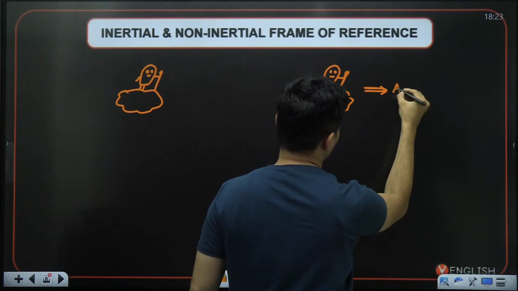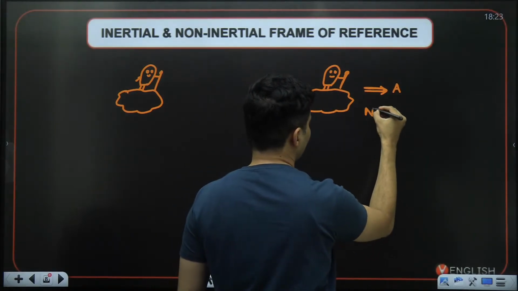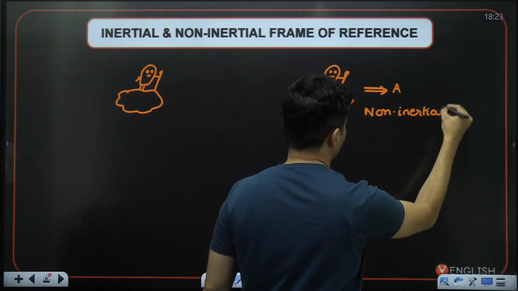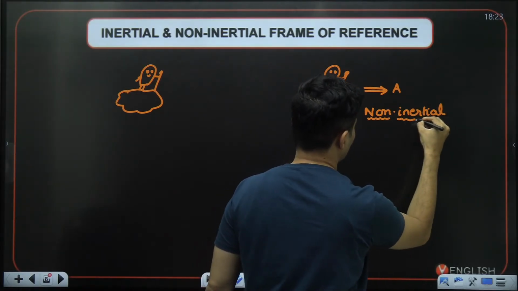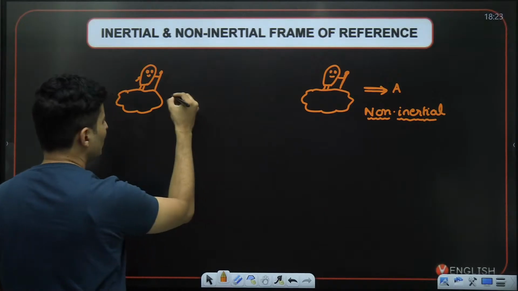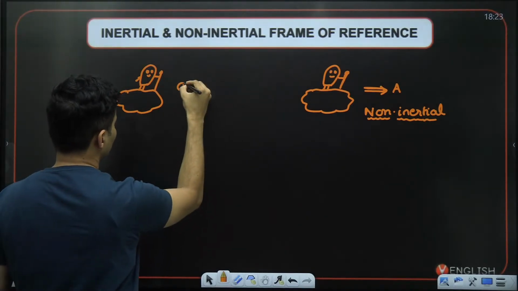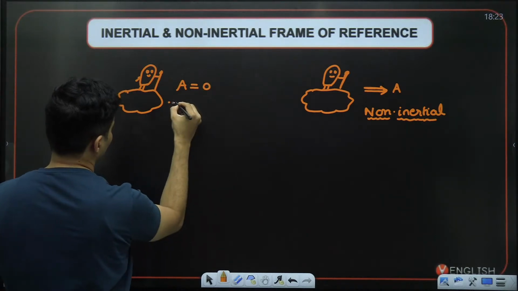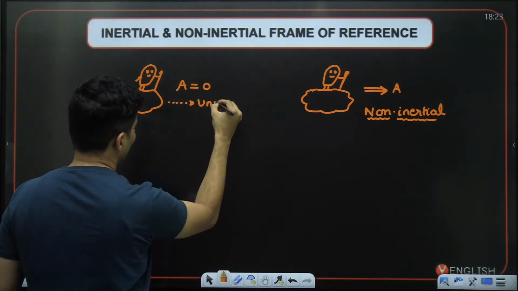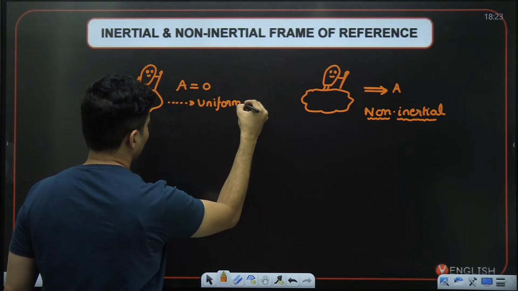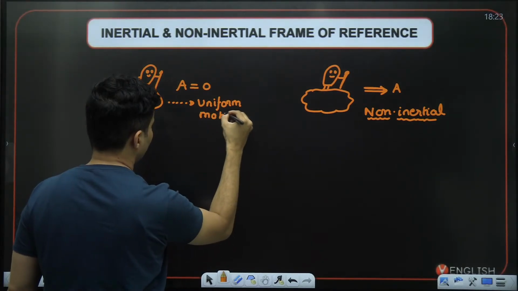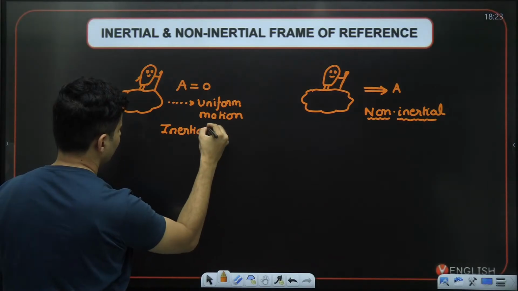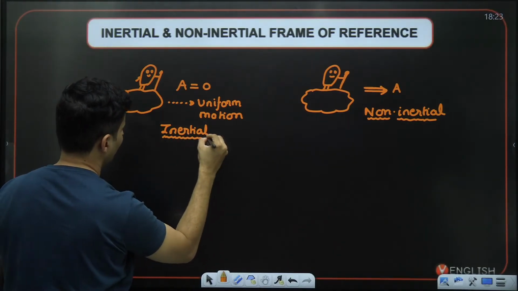So it is definitely a non-inertial frame, non-inertial observer. And maybe this Pandu is at rest or moving uniformly. So the acceleration of this particular Pandu is 0, or basically you can say uniform motion is there. So 100% that will be an inertial observer.